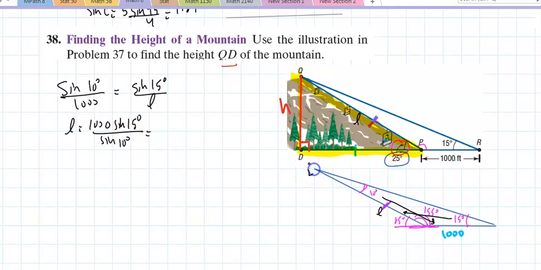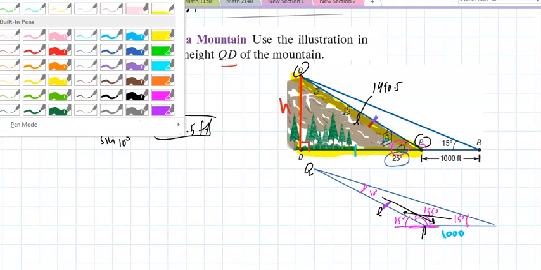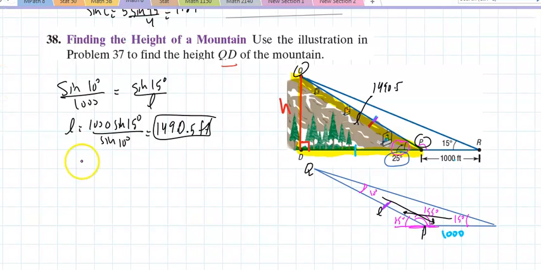L is really QP. I should have just stuck with that. It doesn't matter. This turns out to be 1490.5 feet. If I know the hypotenuse is 1490.5, now can't I say, and I'm talking about now the right triangle, can't I say the sine of 25 degrees is this height, which is QD, divided by the hypotenuse?